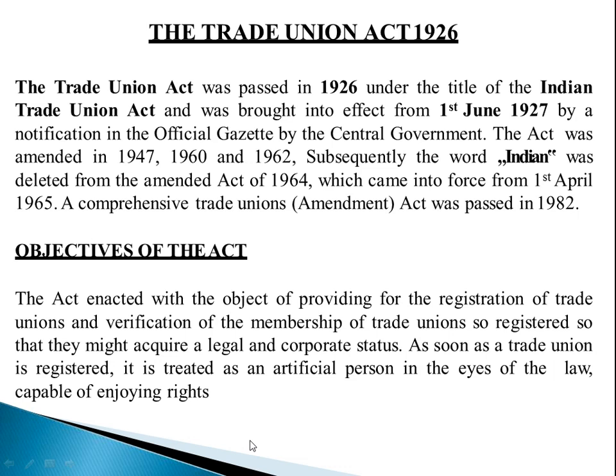A registered trade union will have a certain status, and they have the privilege to go and talk with the management regarding the issues of the industry. This is what we treat as an artificial person in the eyes of the law, capable of enjoying the rights of a trade union member.